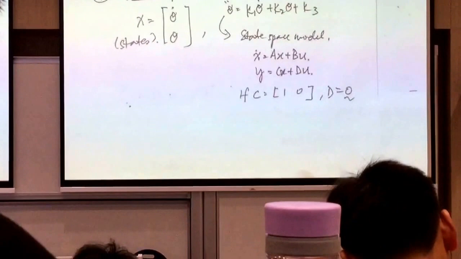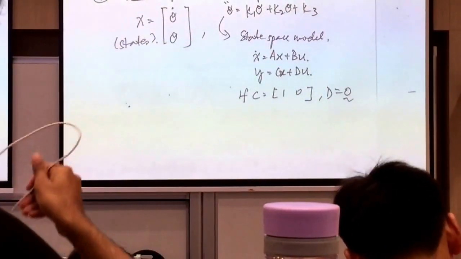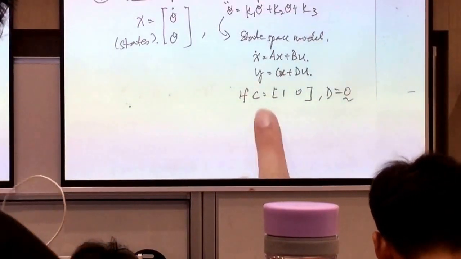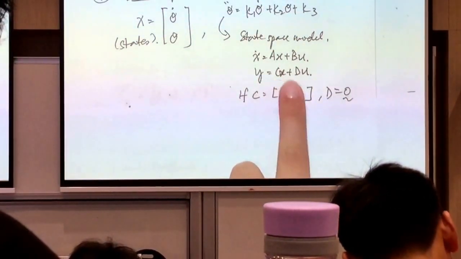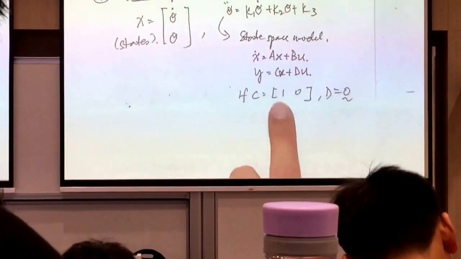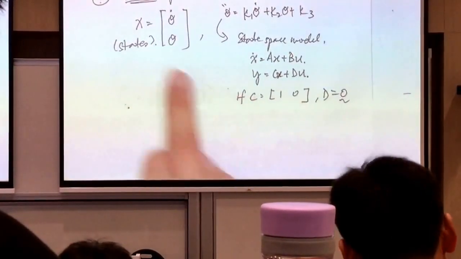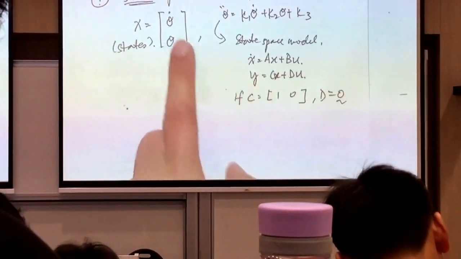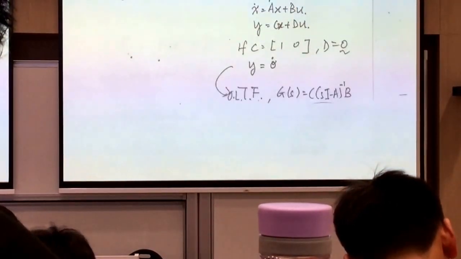Usually for the output, we are mostly concerned with one output, but we may have two outputs. So if C is [1, 0], because y is Cx plus 0u, usually that's the case. If y is Cx and C is [1, 0], then 1 times theta dot plus 0 times theta, the y is theta dot.